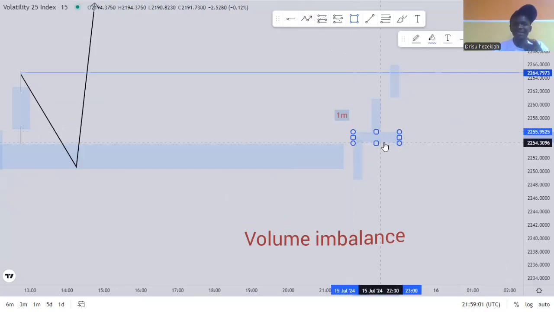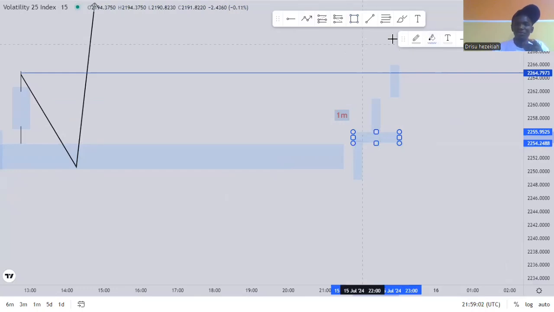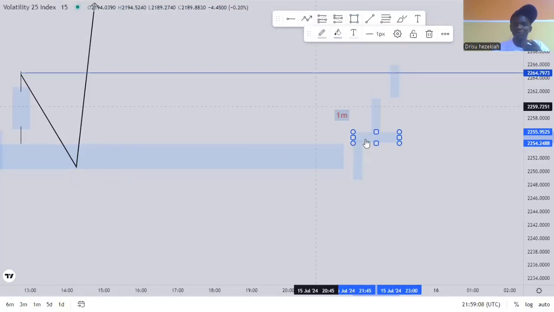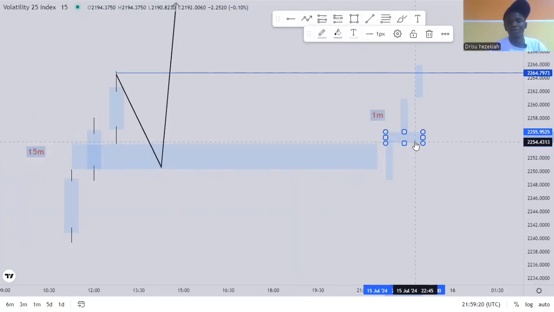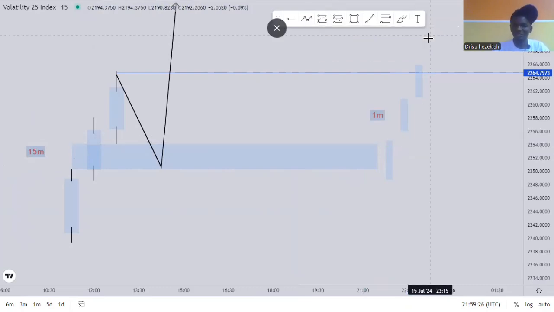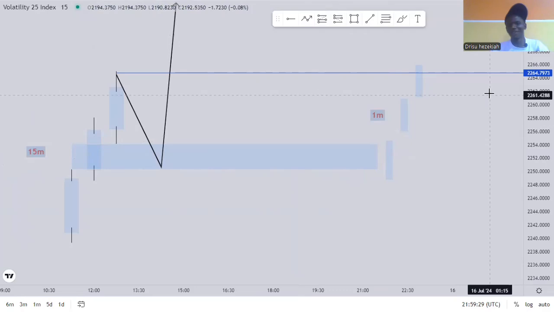A gap in a sense that it leaves you with a gap within this leg. After the market has returned back to this zone, scale down to 1 minute, you're going to see a gap. If you don't see this gap, it's as good as you have not seen a confirmation. This is how it works. I'm telling you how to have a very tight stop loss entering a trade. Okay, let me be very specific.